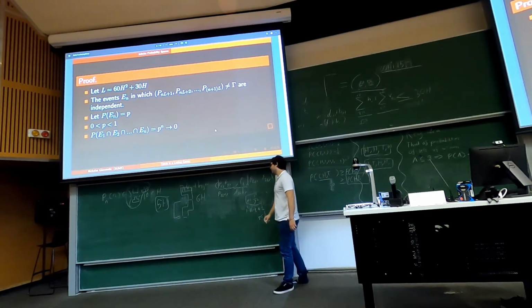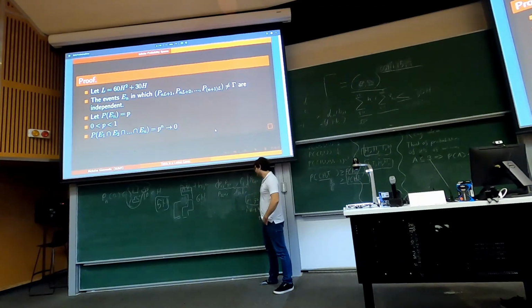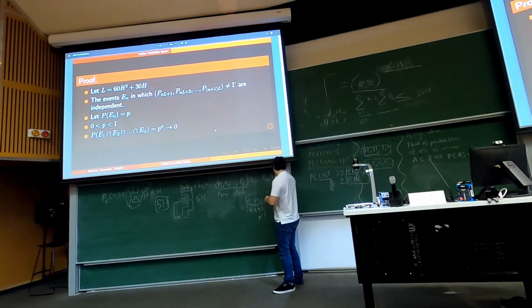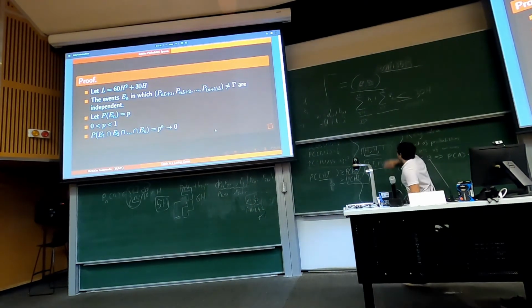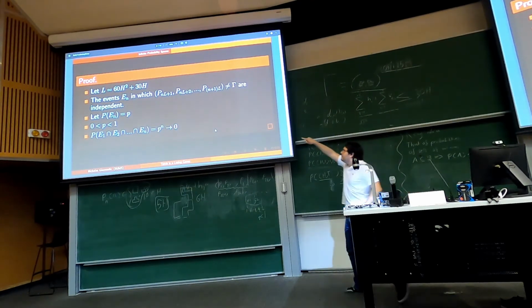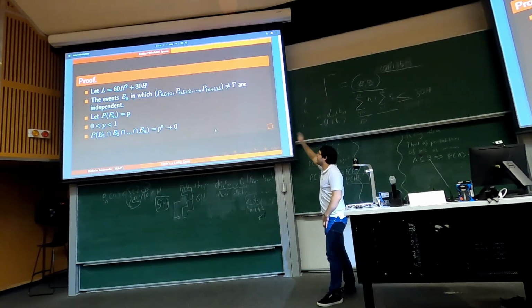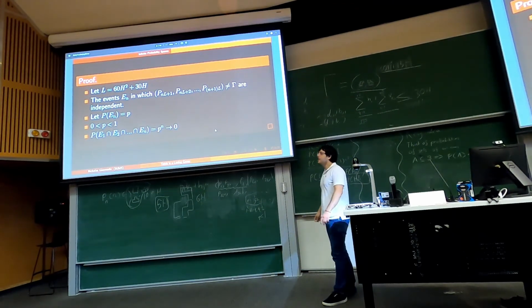Okay. So, one last part to finish this off. Actually, no, we use the board. It's fine. So, let's call the event En the event in which the pieces P(nL+1), P(nL+2), etc., up to P((n+1)L) are not gamma.